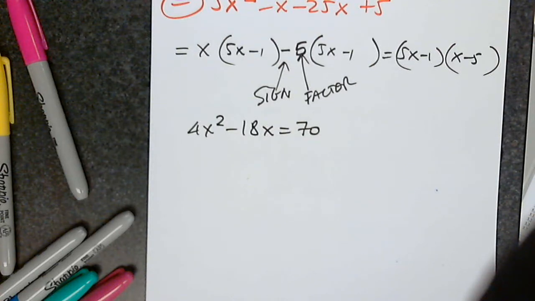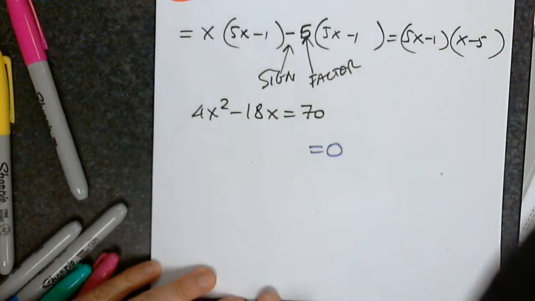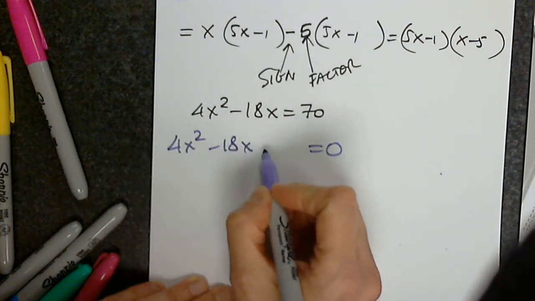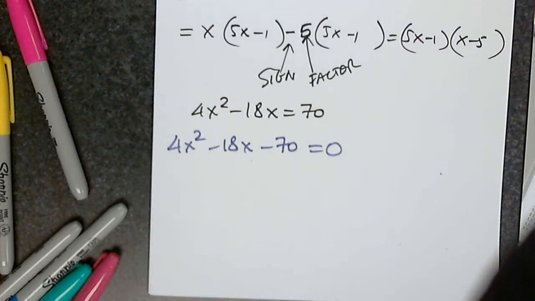So how do I solve it by factoring? What do I have to do first? Yes, I have to set it equal to 0. Awesome, thank you. So 4x squared minus 18x minus 70. When I move a term from one side to the other, all I do is subtract. Change the sign. Good.